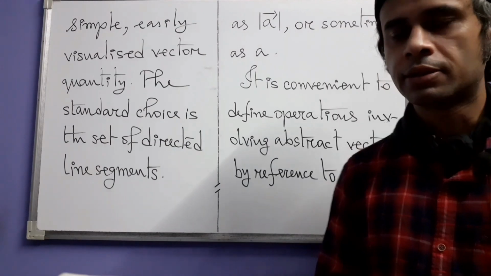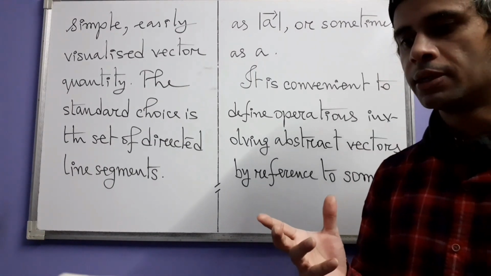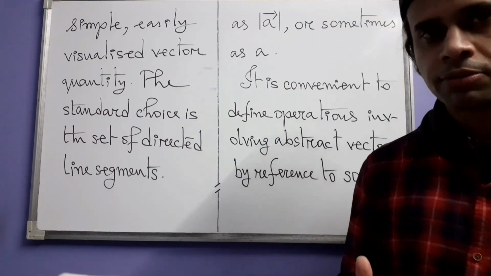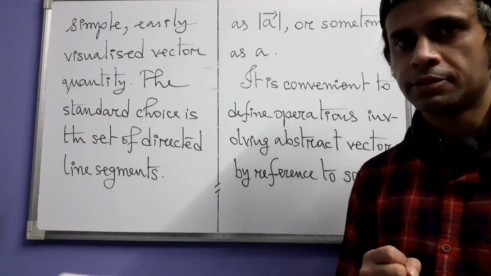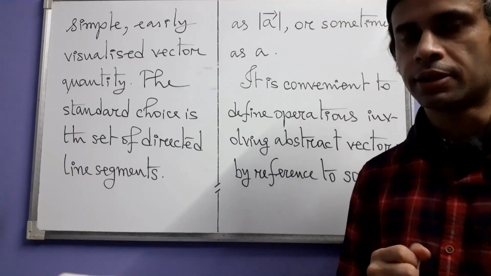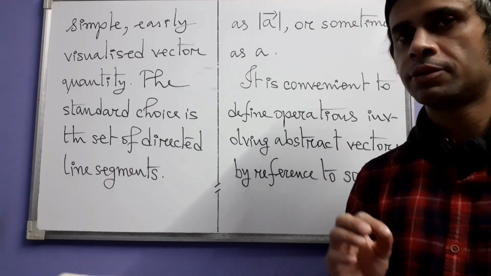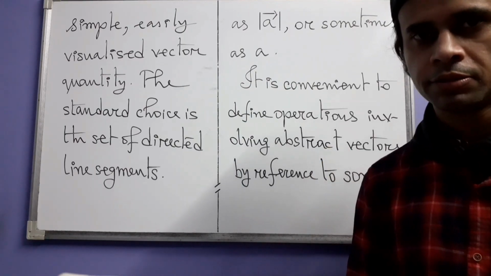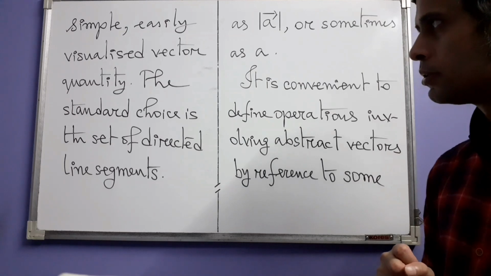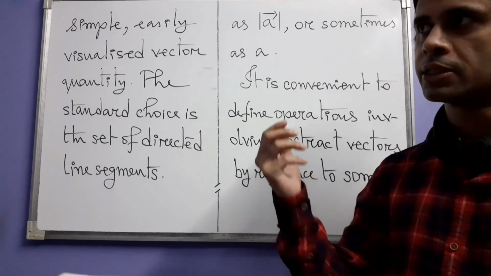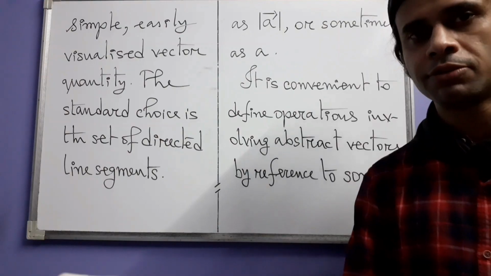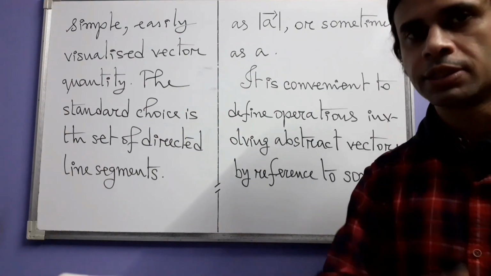Okay, so now what? You have started with the definition of a vector quantity, which are physical quantities having magnitude and direction, and then you gave the idea of an abstract vector from them. Just like numbers are abstract concepts representing those operations which involve counting actual physical objects.